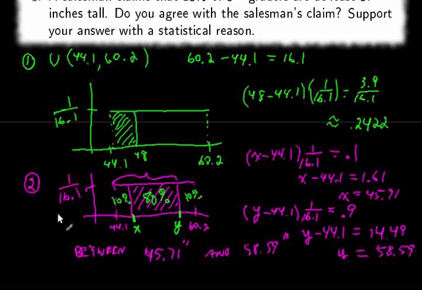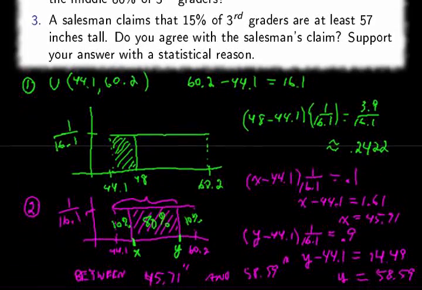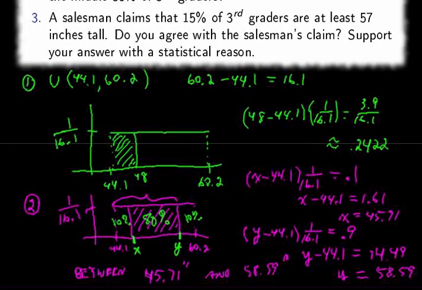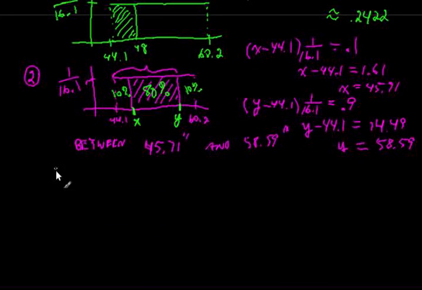Okay, number 3. A salesman claims that 15% of third graders are at least 57 inches tall. Do you agree with the salesman's claim? Support your answer with a statistical reason. So our statistical reason will come from, again, drawing a sketch of the situation.